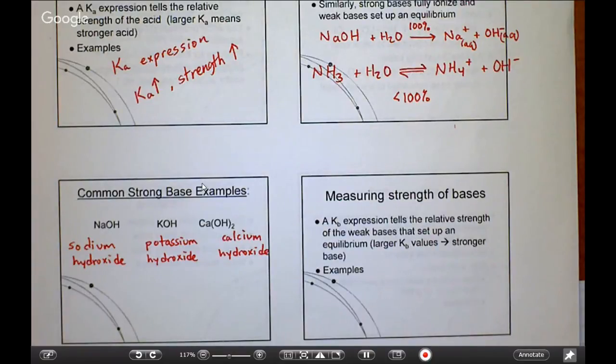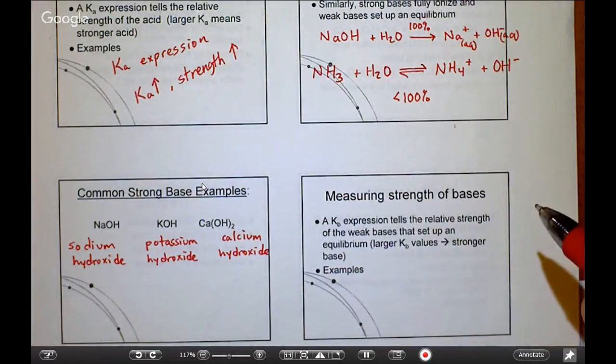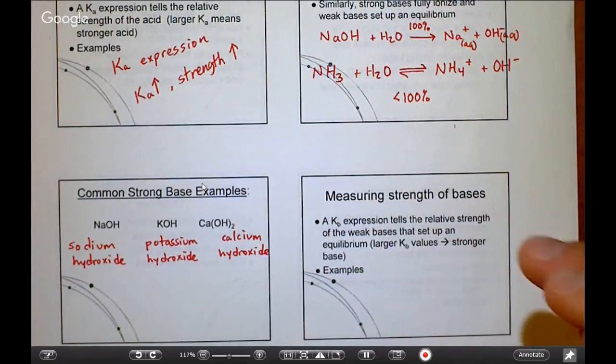And for the most part, I've never seen a KB that's greater than 1. Because greater than 1 would suggest that products are favored, and if products are favored, you might think it goes more towards completion, which it doesn't. So weak bases, we should have less than 1 still, but if you're comparing values, the bigger the value, the stronger the base is.